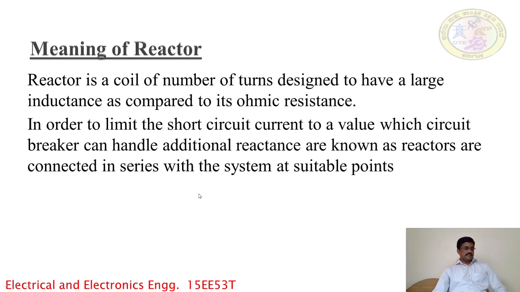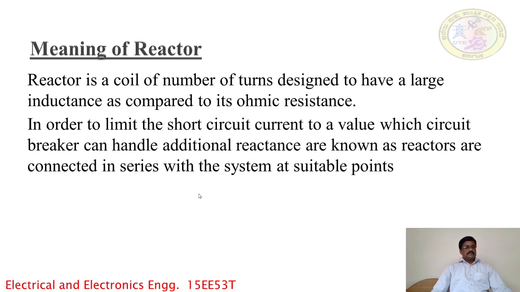Reactors are connected in different fashions. One is in series with the generator in the transmission line. Second one is in series with the feeder line, and third one is in series with the bus bar.